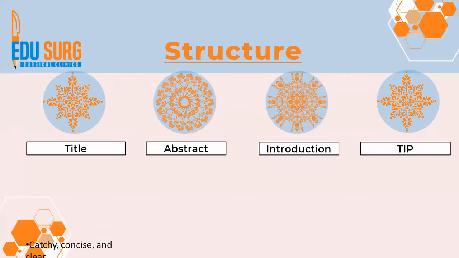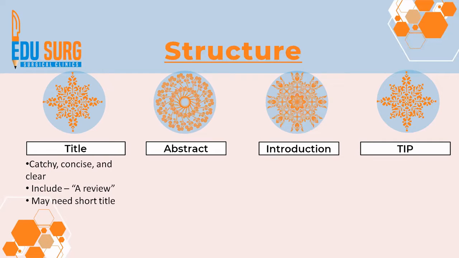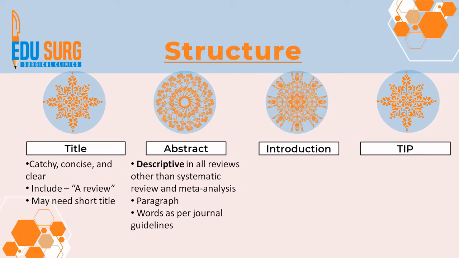Again, title, abstract, introduction. The title should be catchy, concise, and clear. Clear in the sense that it should be very clear from the title itself that this is a review article. And you may need a short title sometimes based on journal requirements.